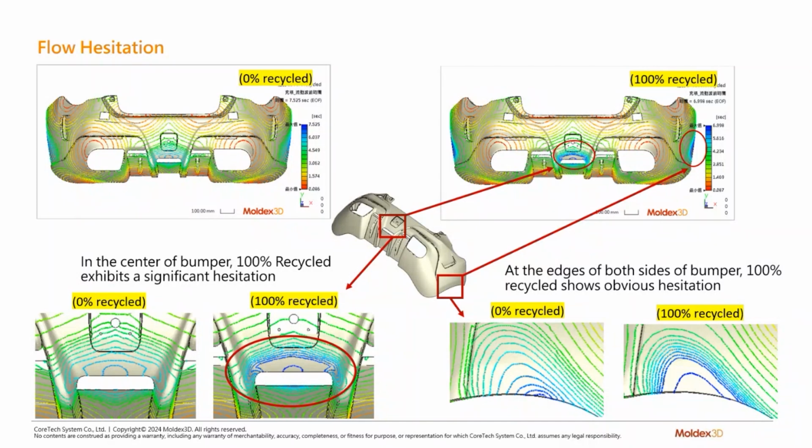As the viscosity of the recycled PP is higher than virgin PP, it has a great influence on the filling behavior, especially on large objects. Compared with the flow behavior of virgin, the recycled has obvious hesitation in the center and on the edges, both sides of the bump.